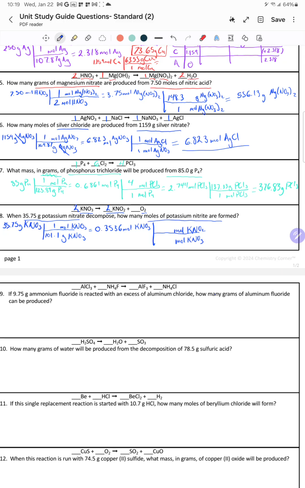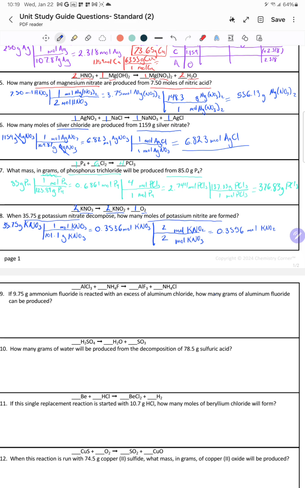So I have 2 potassium on both sides, 2 nitrogen on both sides, 6 oxygen on my reactant side, and 6 oxygen on my product side. So then I'm good. So it's a 2-to-1 ratio. Between these, it's a 2 and 2 ratio, so that means it's pretty much a 1 and 1. And now I end up with 0.3536 moles of potassium nitrite.